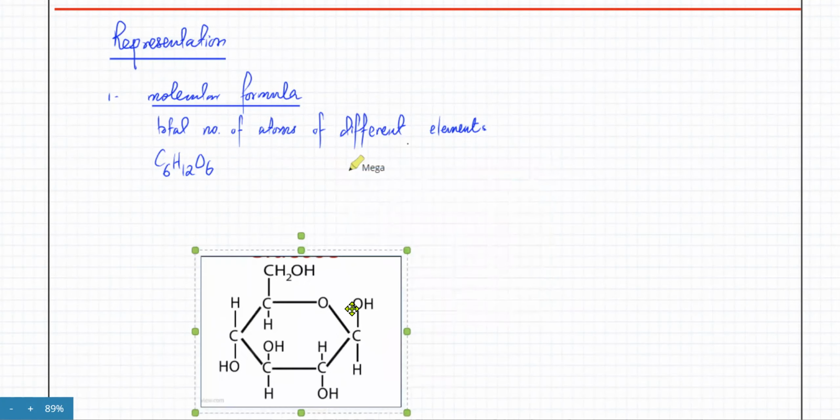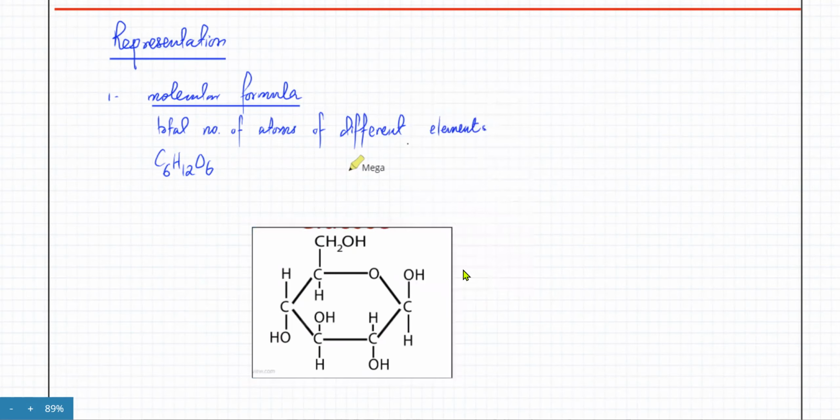Now, you get this information in formulas that are known as structural formulas. So the second one that you have is your structural formula.